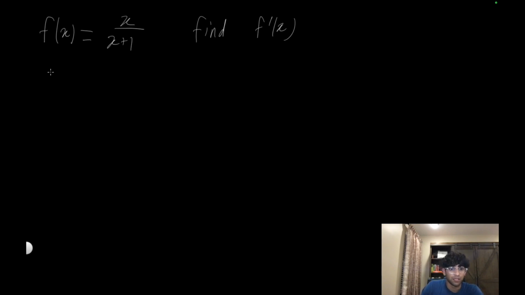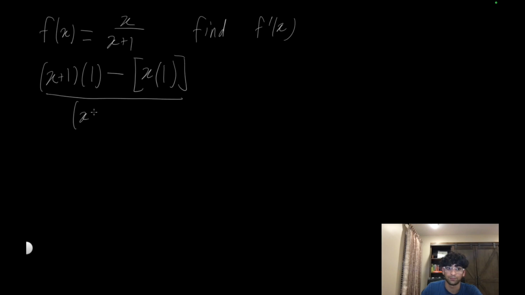So, low d high: the derivative of the numerator is just 1. Minus high d low: the derivative here is just 1 again, over bottom squared. Simplify this.